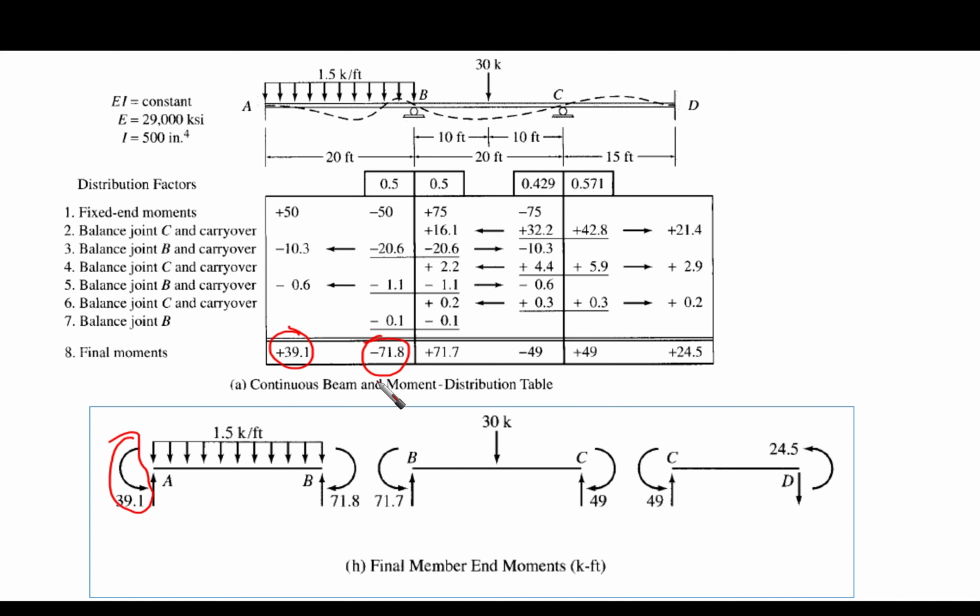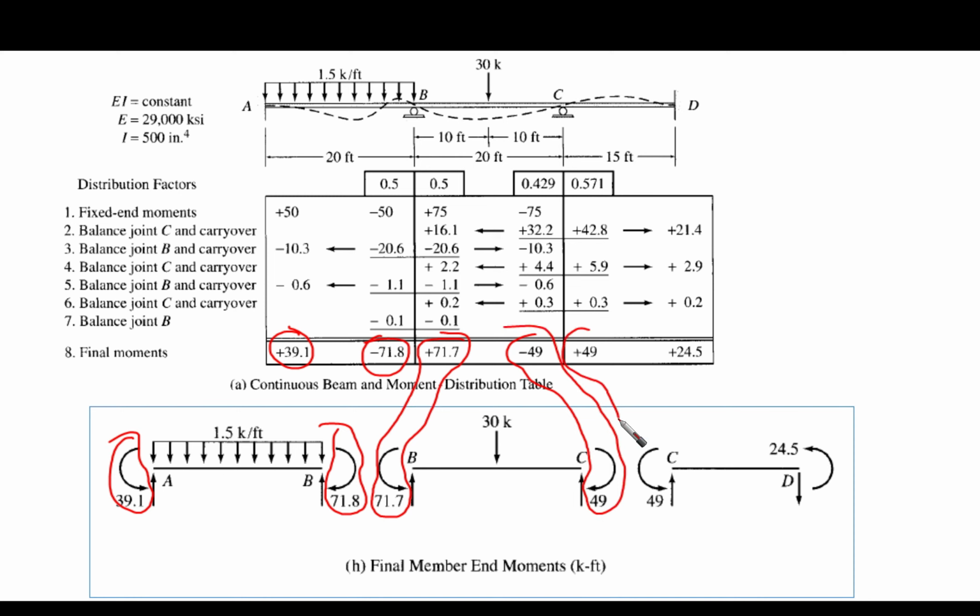So here, minus. It is clockwise. Here, this is clockwise. Then for this, it is the same. 71.7, it is positive, so counterclockwise. This is minus 49, it is negative, and so on.